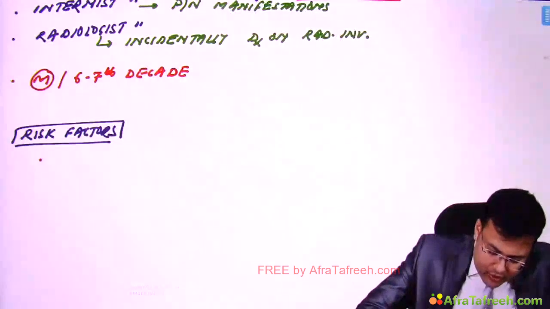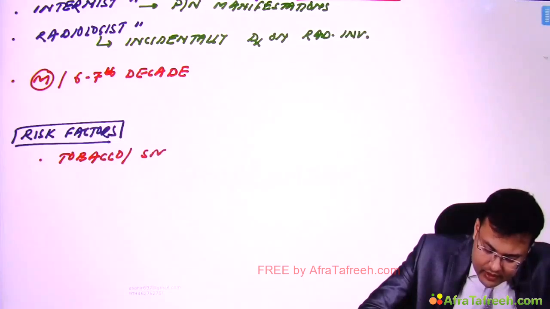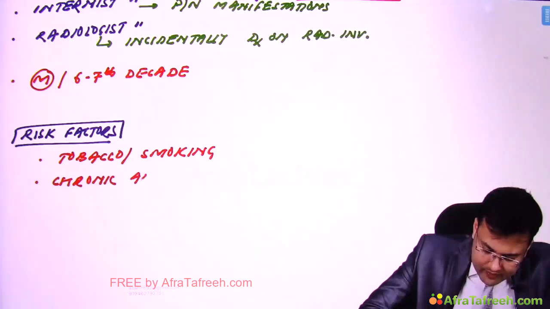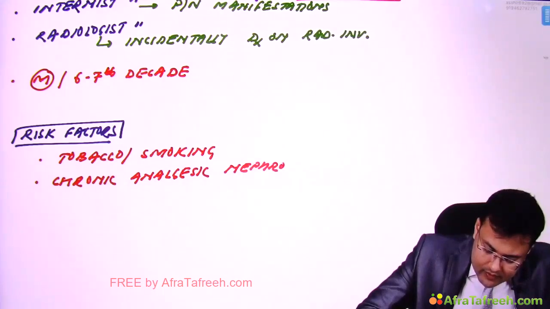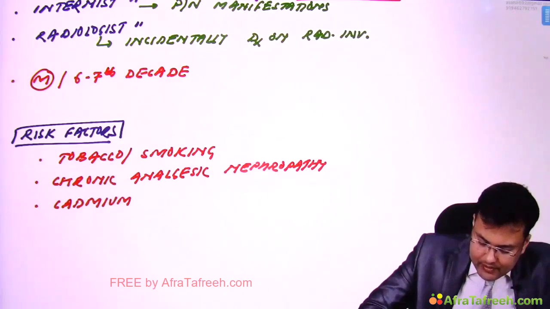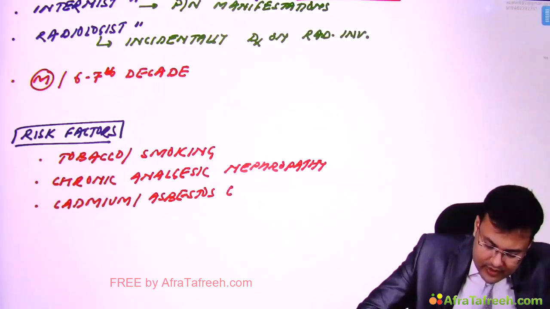First, tobacco or smoking, chronic analgesic nephropathy, and cadmium or asbestos exposure. Okay.